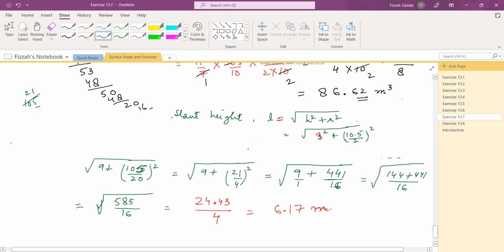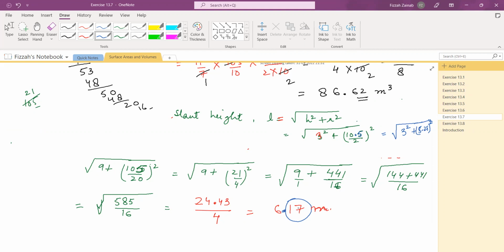Yes, ma'am. I have not divided this 10.5 by 2. I have taken it in the fraction itself and taken the LCM and all that, right? But if you divide it here itself and write it as 3 square plus 5.25 square, and then do the square, add them, and find the square root, that is also correct. You might get a slight difference after the decimal, so approximately both answers are going to be the same.